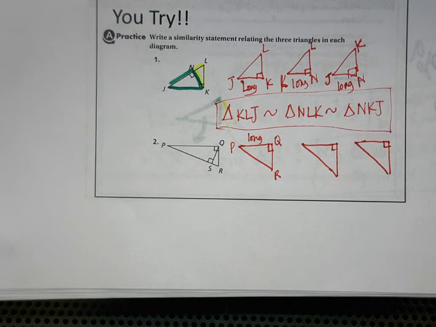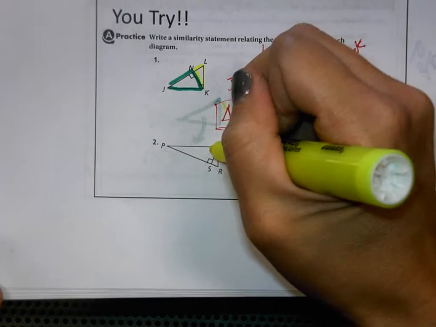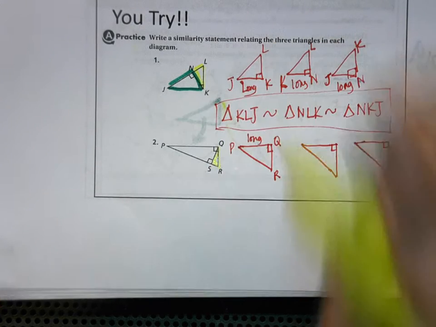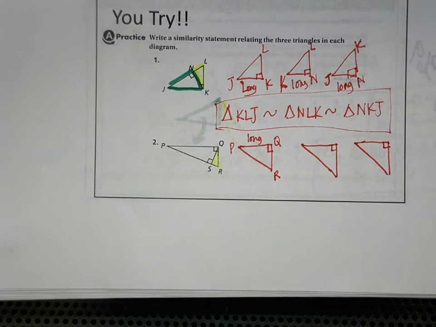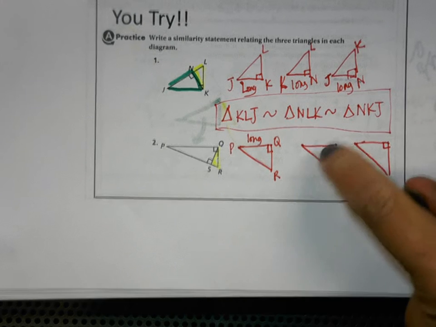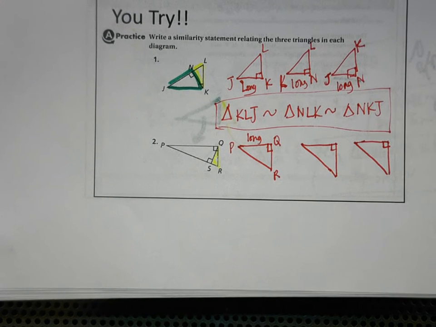Okay, so the second triangle, let's do this little one right here. Okay, in your groups, I want you to do this one right here real quick, and then we'll check. So I'll just give you about 10-15 seconds to try to figure out which letters go where.